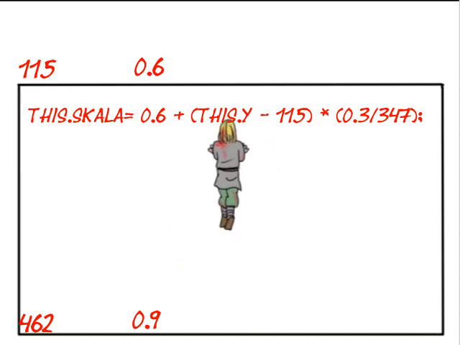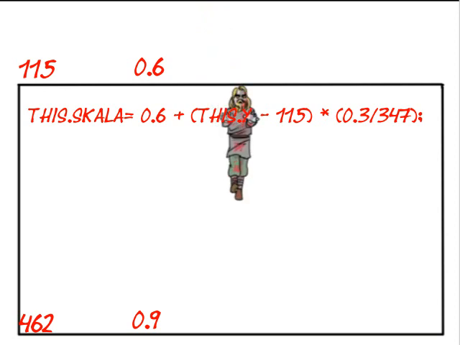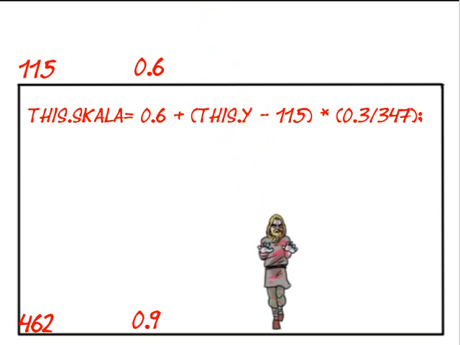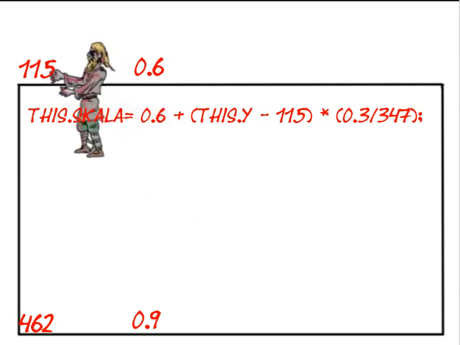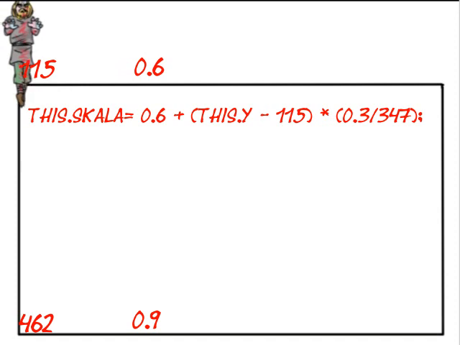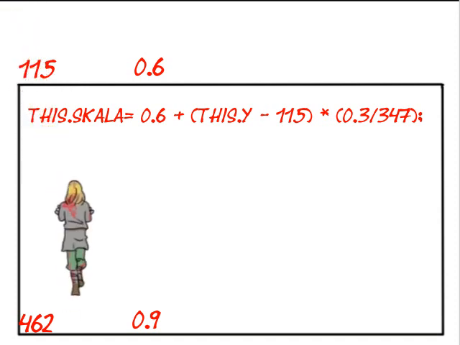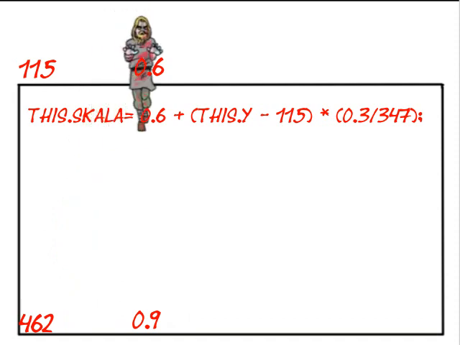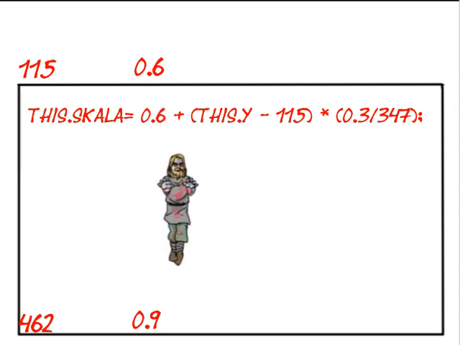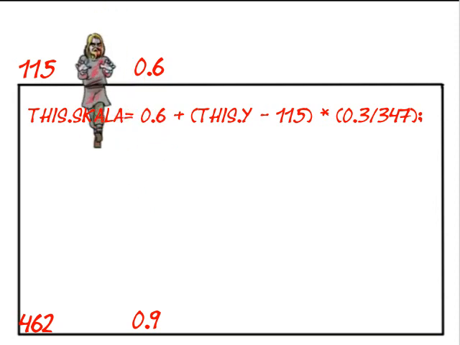115. So this y minus 115, and take this times the difference of factor for each added pixel in the y direction. The difference for the whole distance is 0.9 minus 0.6, which equals 0.3, and the number of pixels is 462 minus 115, which equals 347.